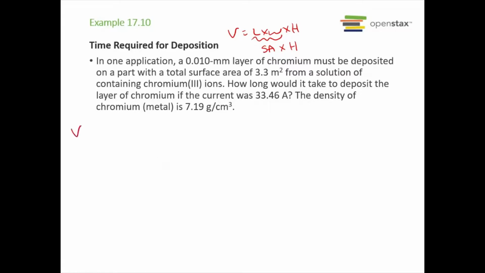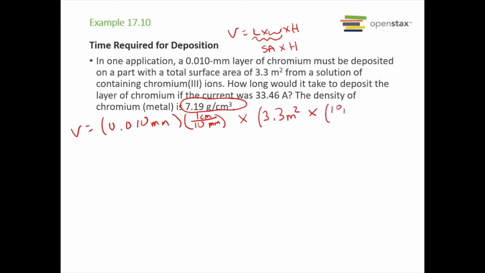So then our volume, we have 0.010 millimeters times, we're going to make this into centimeters, we have 1 centimeter for every 10 millimeters. And so there's our height times our surface area, which it told us is 3.3 meters squared. And the reason we're turning this into centimeters is because our density is in terms of grams per cubic centimeter. So it's just to make our life easier.